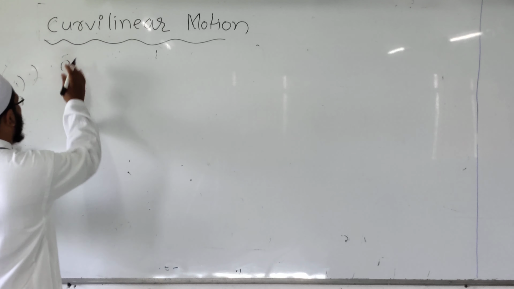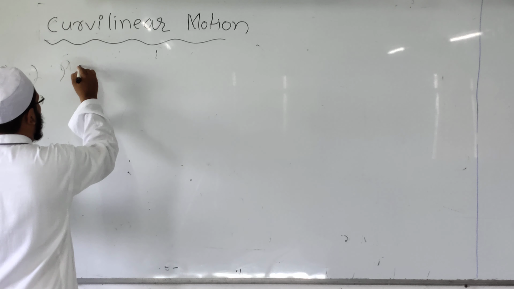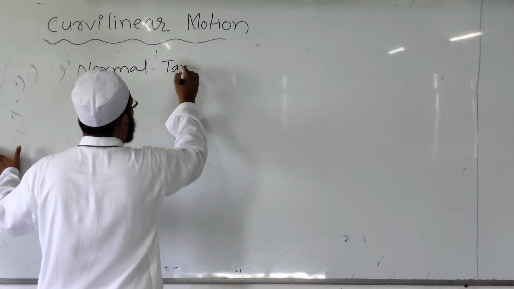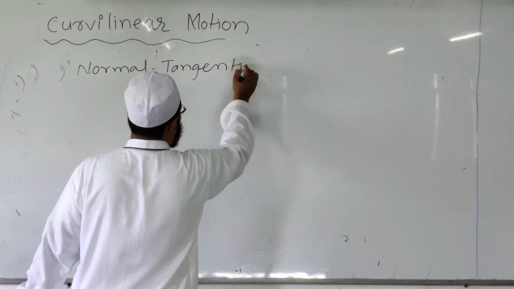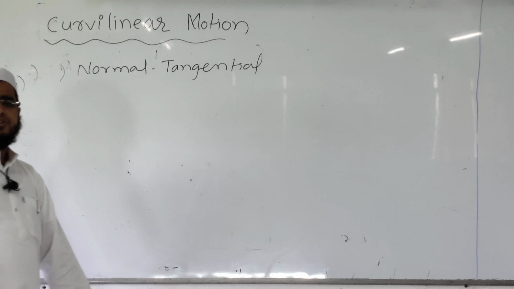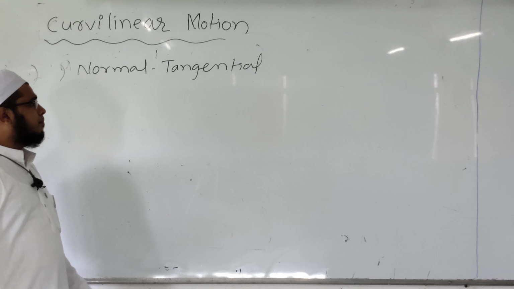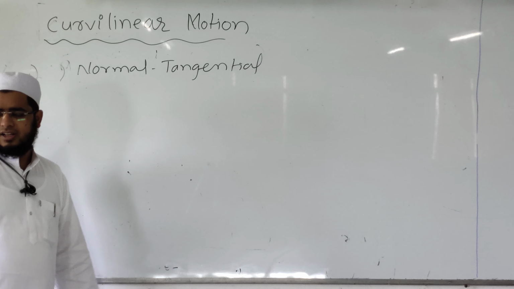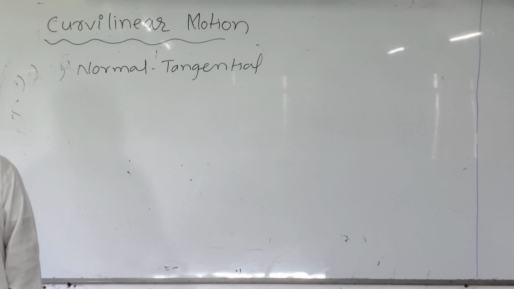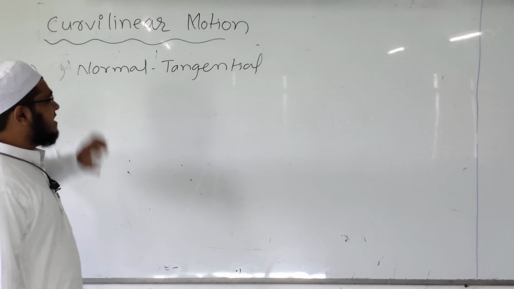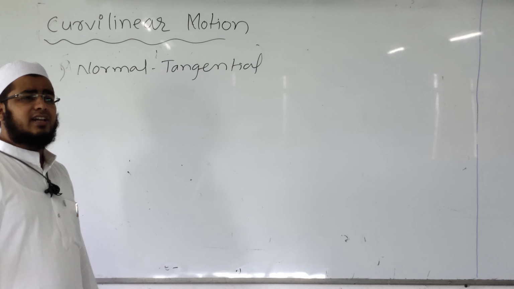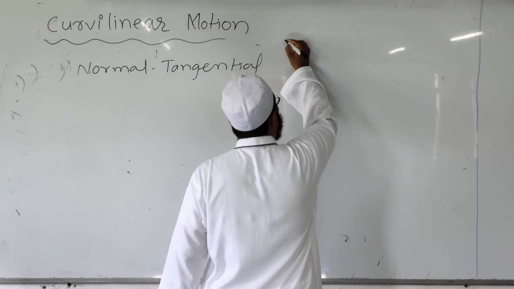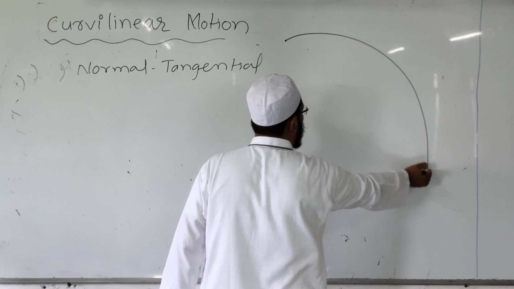Now there is another coordinate system that is called the normal tangential system. In the normal tangential system, we describe the position of the particle along the normal component and tangential component. This system is applied whenever the path of the moving particle along a curved line is known.